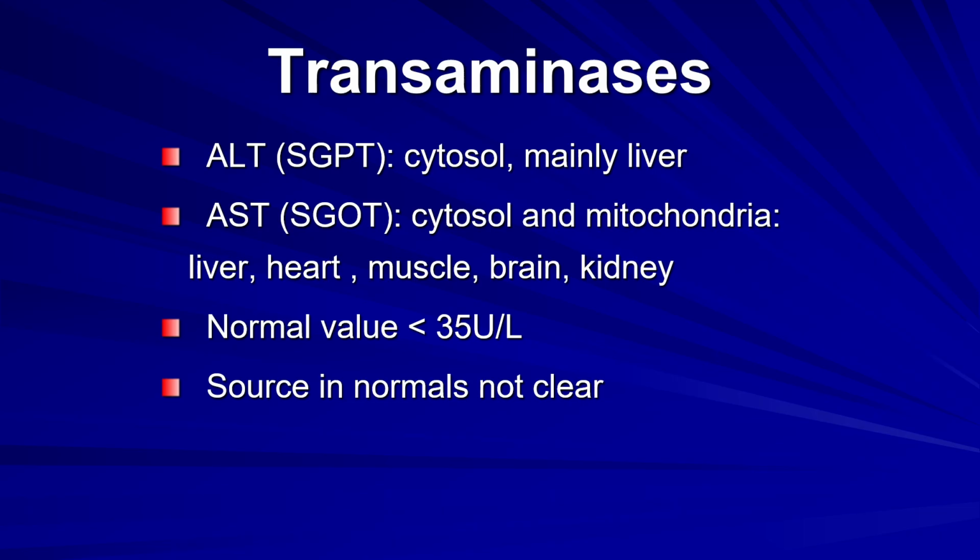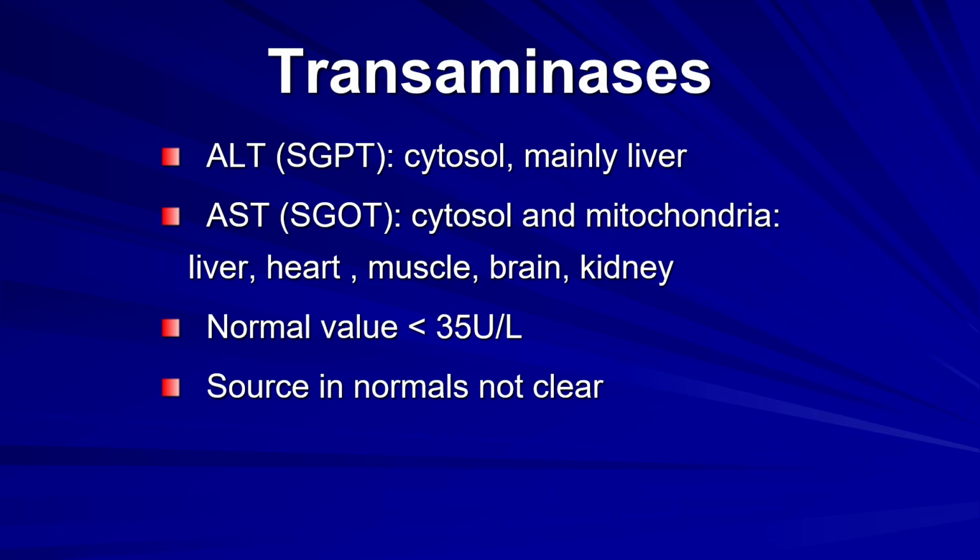And one is called the AST or SGOT, which is present in the cytosol and mitochondria, and it is not as specific for the liver as the ALT, because it's also present in the liver, in the heart, in the muscle, in the brain, and in the kidney. Normal values are less than 35 international units per liter.